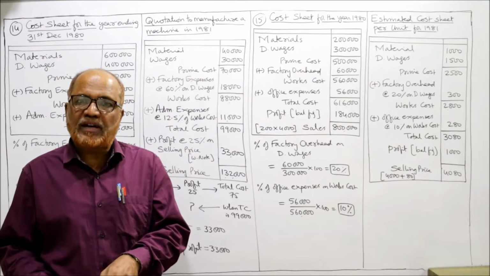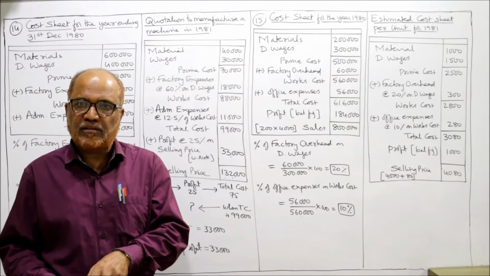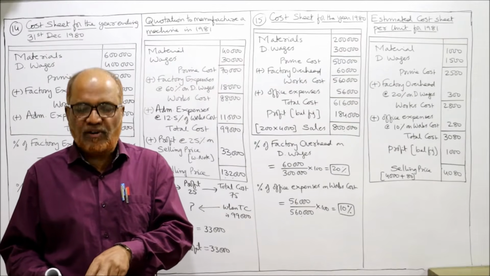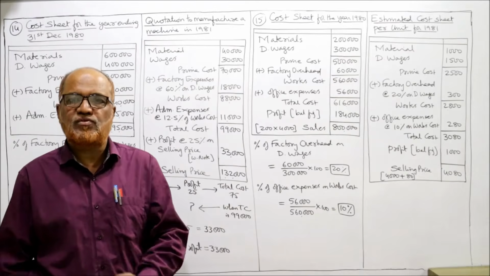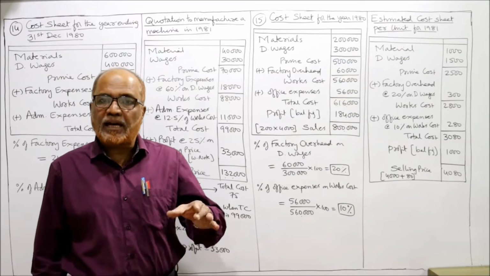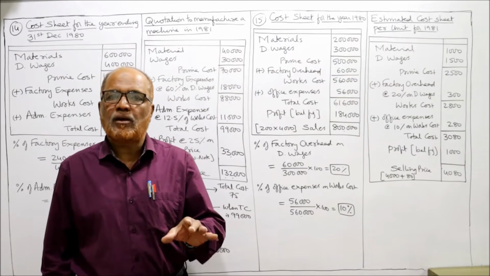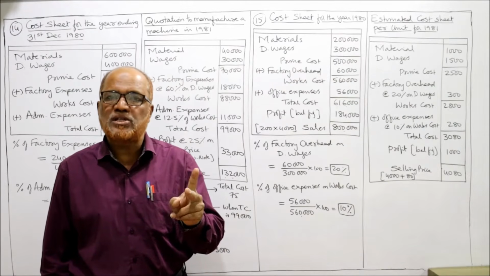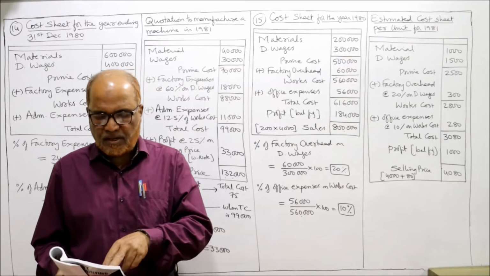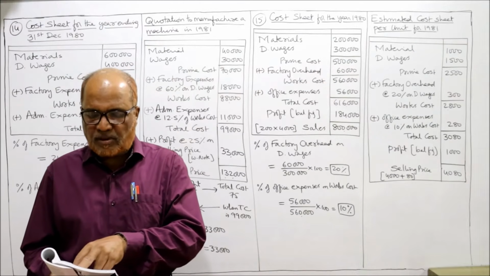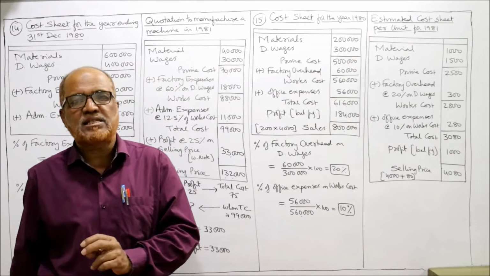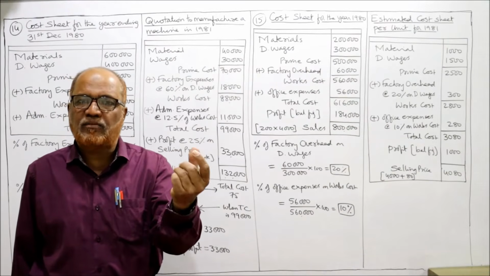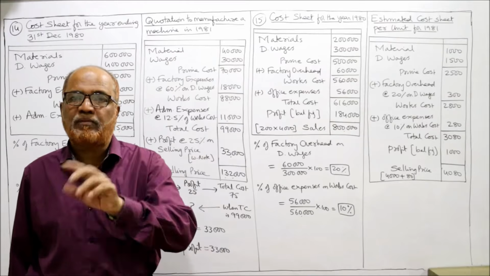For the 1981 season, the current year, it estimates that each television will require material to the value of 1,000 and wages 1,500. So in the current year we expect that the material cost will be 1,000 rupees per television set and 1,500 rupees wages per television set. The factory overhead expenses will bear the same relation to direct wages as in the previous year.